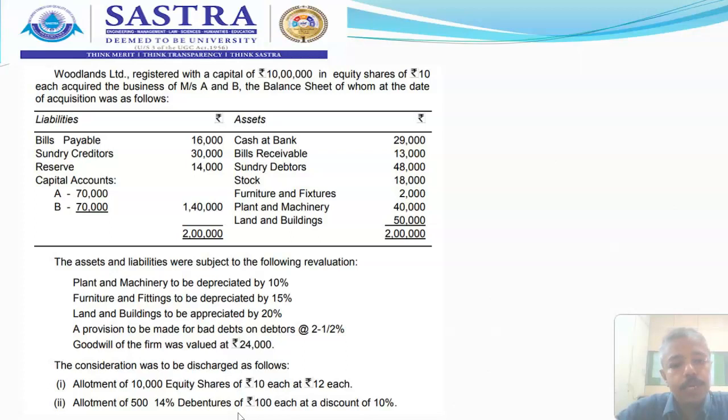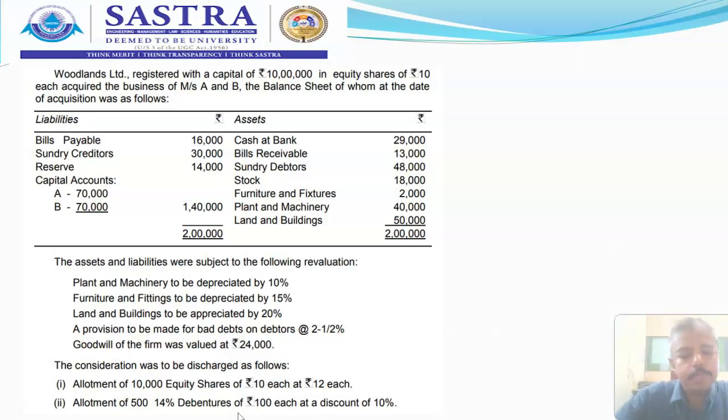Here, Woodlands Limited is registered with a capital of rupees 10 lakhs in equity shares of rupees 10 each. It acquired the business of Messrs A and B. The balance sheet of the firm at the date of acquisition was as follows.